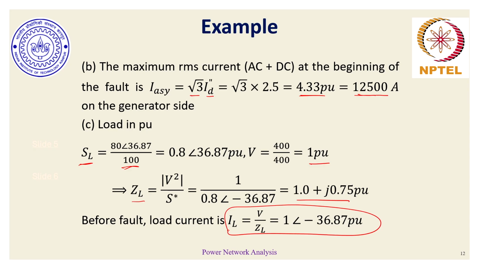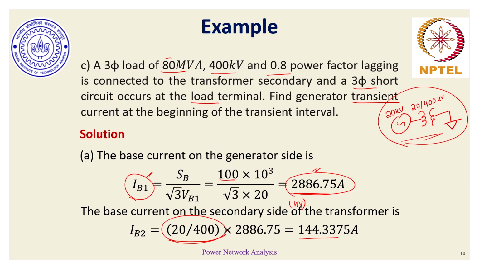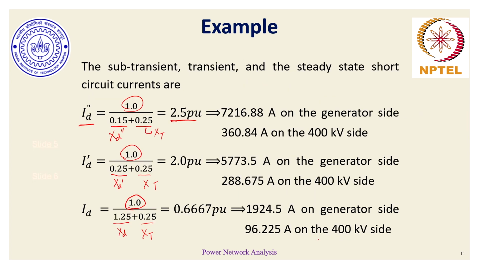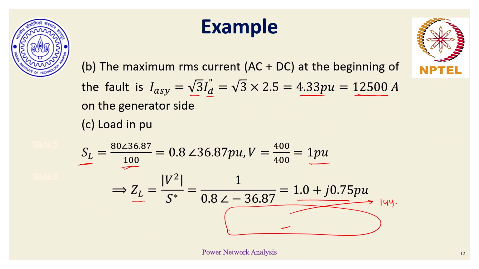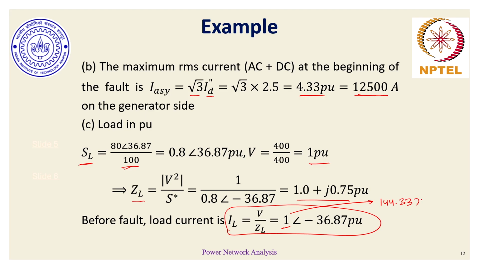This load current is the current present on the HV side of the transformer. So in practice, this 1 pu current refers to 144.3375 amperes on the HV side of the transformer. This is the steady state current when the generator is feeding a particular load.